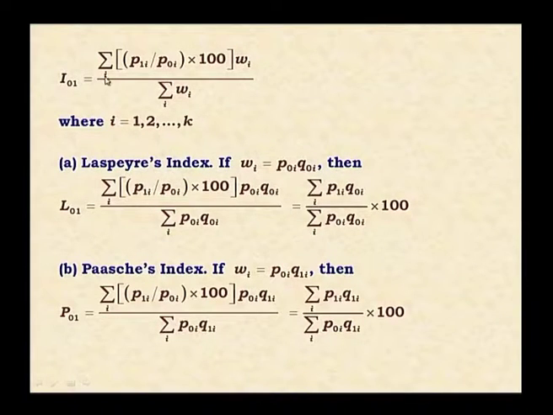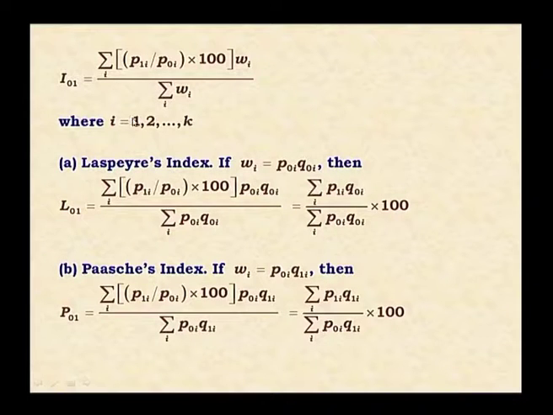This is equal to the sum of P1i divided by P0i multiplied by 100 times Wi. That is, the ratio P1i divided by P0i is multiplied by Wi and divided by sum of Wi. We can see that I01 is nothing but the weighted average of these price ratios.